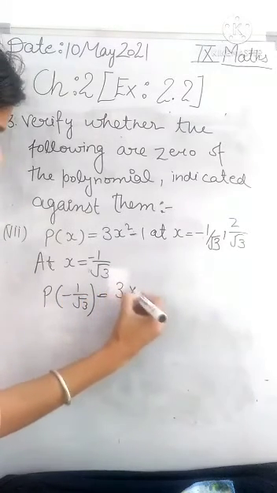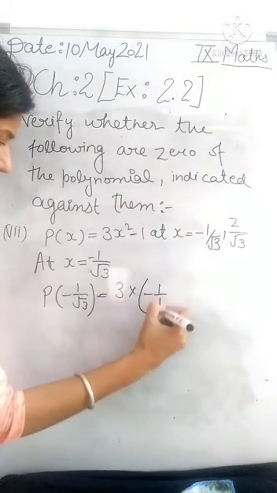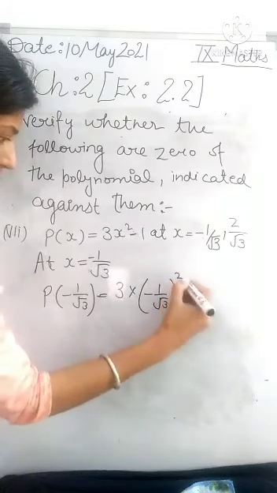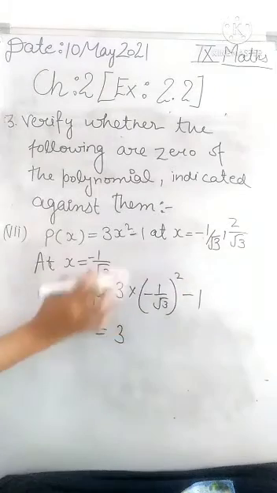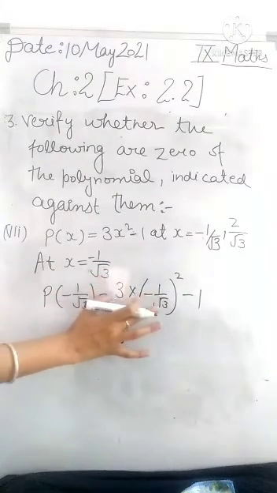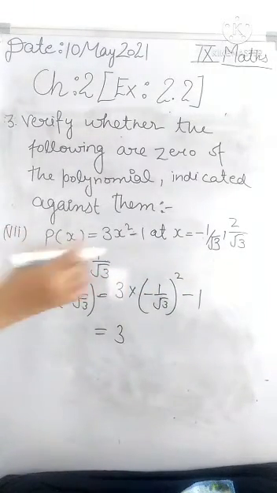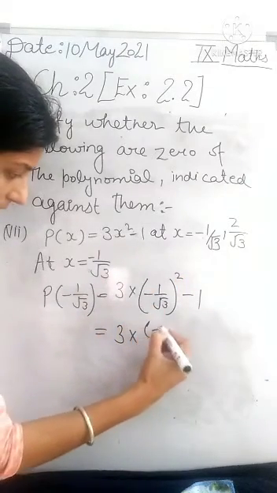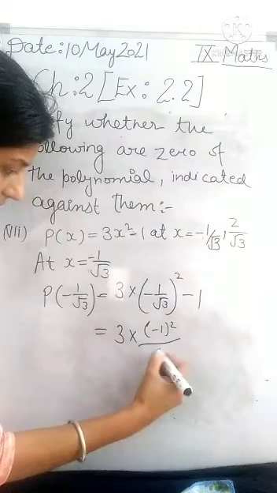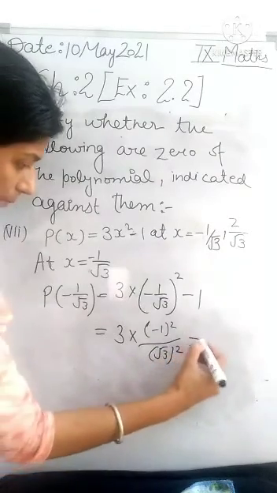That is 3 multiply bracket minus 1 divided by under root 3 whole square minus 1. So in the next step, this is the whole square of 1 divided by under root 3. So I will separate this square like this. You can see here minus 1 square divided by under root 3 square minus 1.